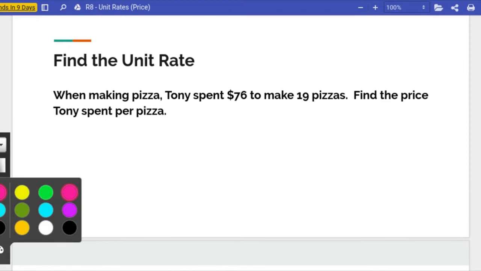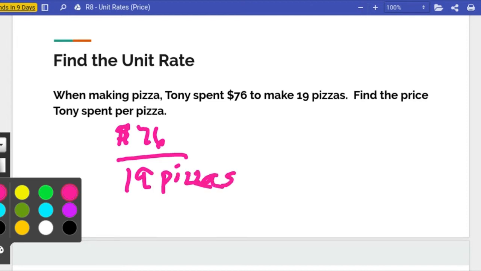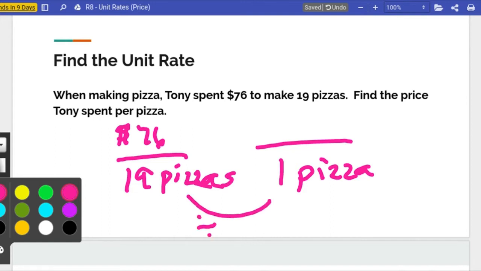So let's set up our rate, which is $76 for 19 pizzas. What I would like to find is how much it is for 1 pizza. So I'm just finding an equivalent ratio. This also means 76 divided by 19. To get to 1, I need to divide by 19.